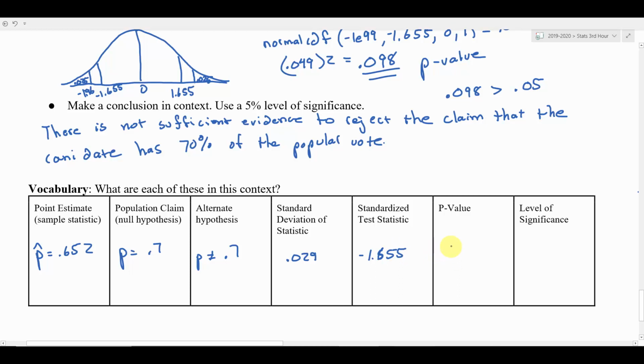Okay, so when we calculated our p-value, we got 0.099 or 0.098, and our level of significance was 0.05. We want that p-value to be less than the level of significance if we're going to be able to reject the claim. Okay, so there you go.